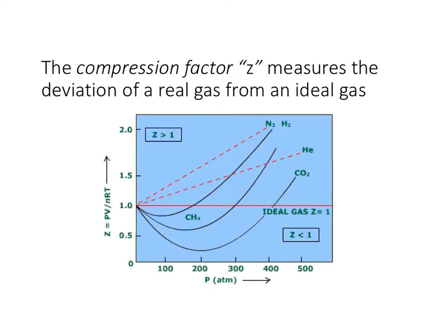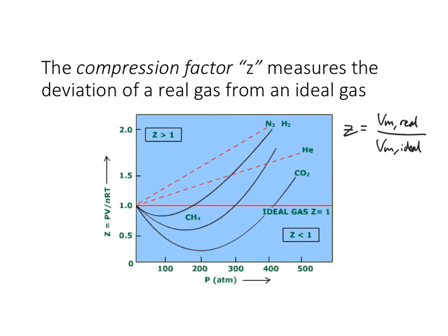And I defined the compression factor for you as the molar volume that a real gas would have divided by the molar volume that an ideal gas would have at a given temperature and pressure.